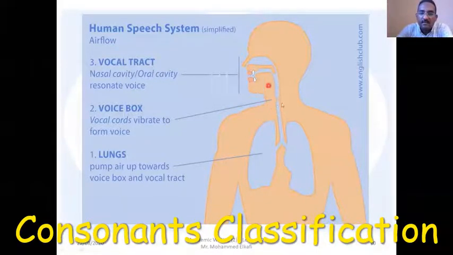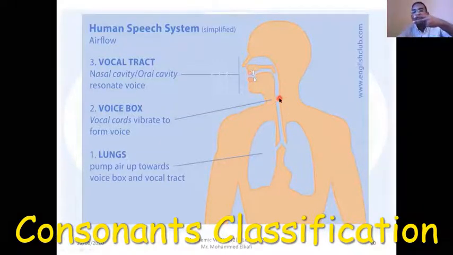Then the voice box here, which includes what? Which includes the vocal cords, which vibrate. Think of them as elastic muscle. We think of them vibrating to form voice.